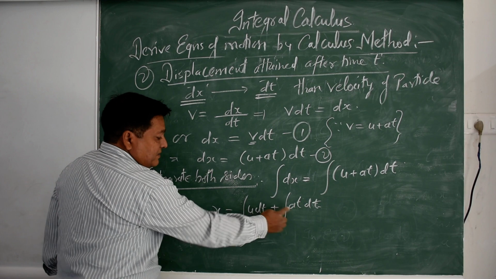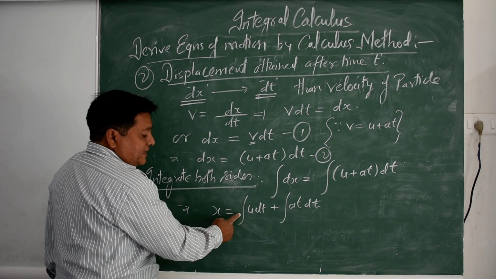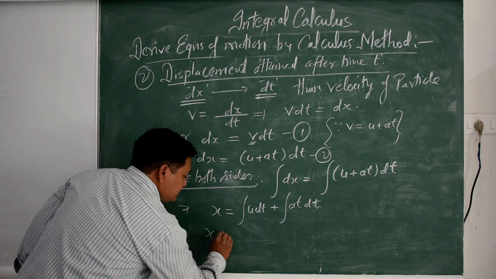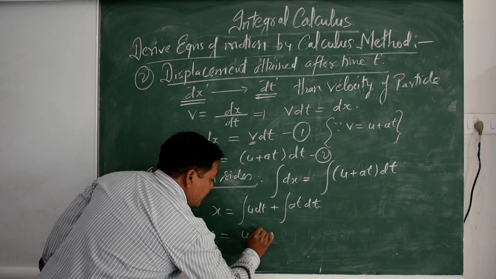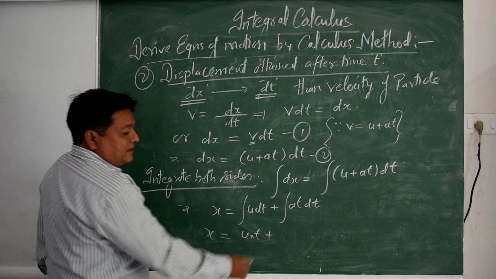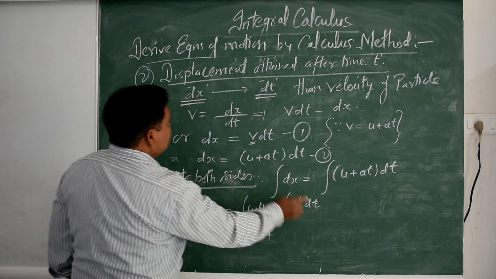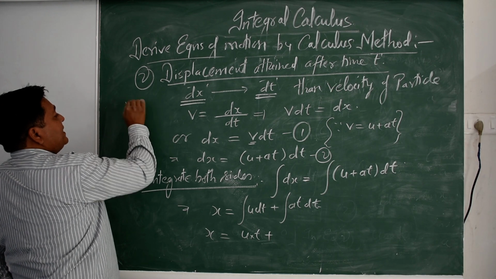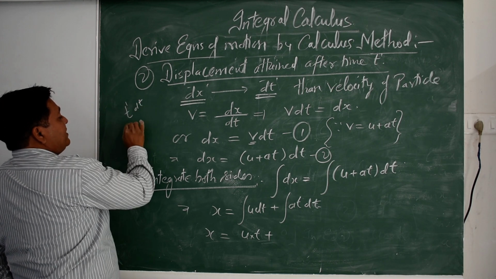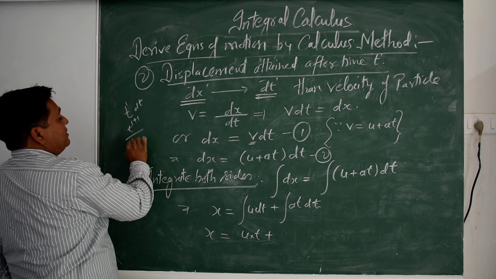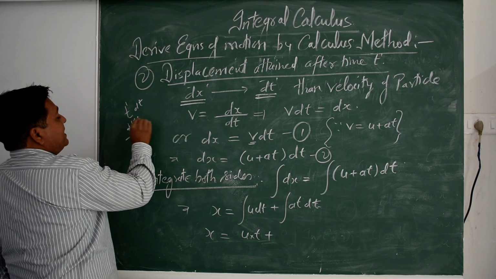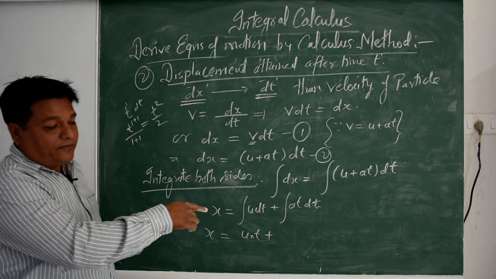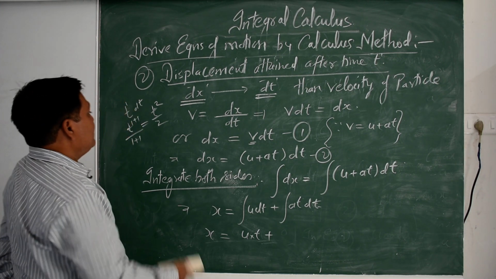A is a constant, it will come out. u is a constant, it will come out. So integration of 1 dt is t, giving u into t, plus a constant out, and t dt is what? Using x to the power n dx, t to the power 1 dt will be t to the power 1 plus 1 upon 1 plus 1, which means t square upon 2. The result for t dt is t square upon 2.